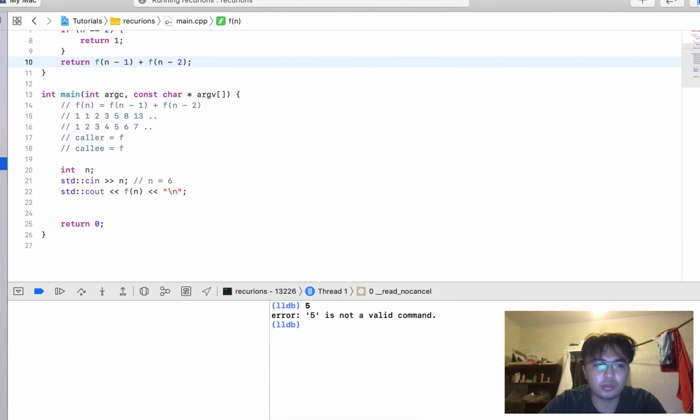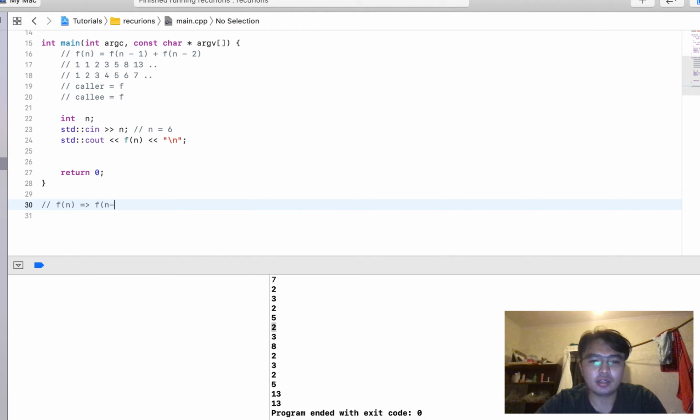So as I said, each caller is independent of each callee. If we say a caller has two callees, in this case, for example, the caller fn is trying to call fn minus 1 and fn minus 2.